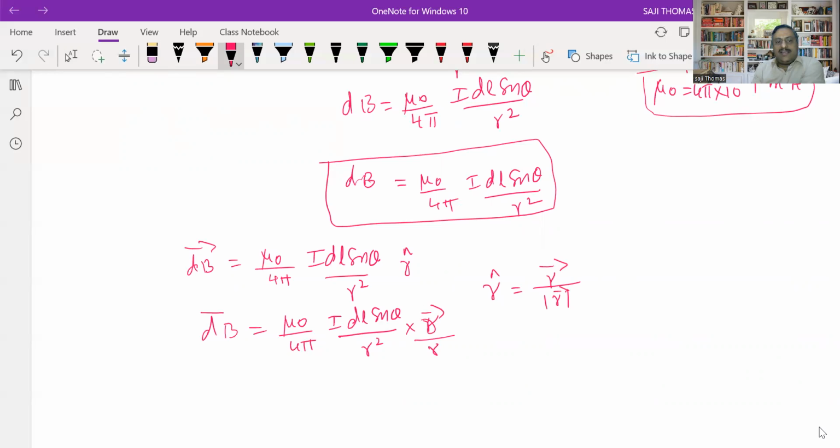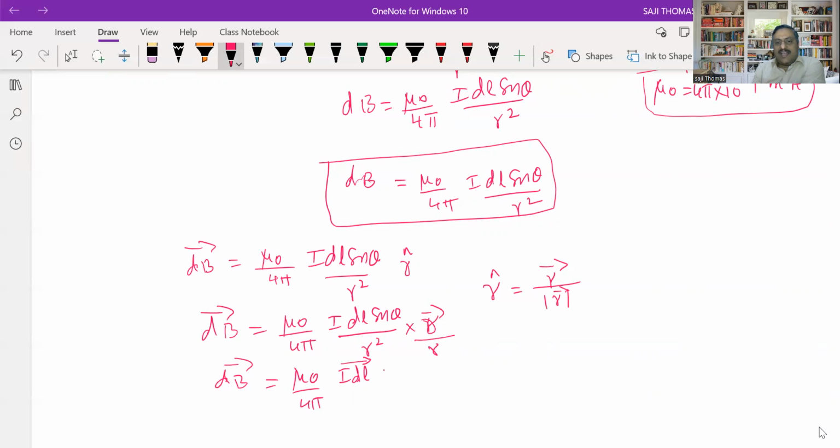So we can write dB bar equals mu 0 by 4 pi I dl. I dl I take as one quantity. It is known as current element. If you take current alone, it is a scalar, but current into length will be a vector. So I dl is known as current element.